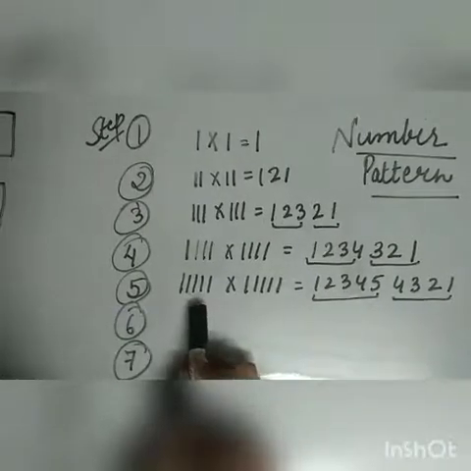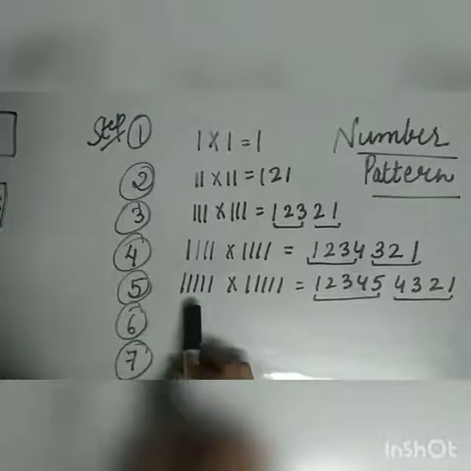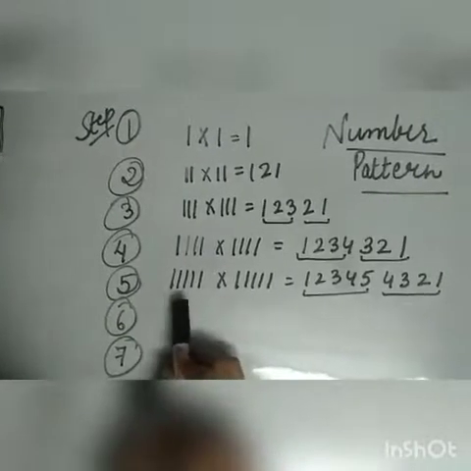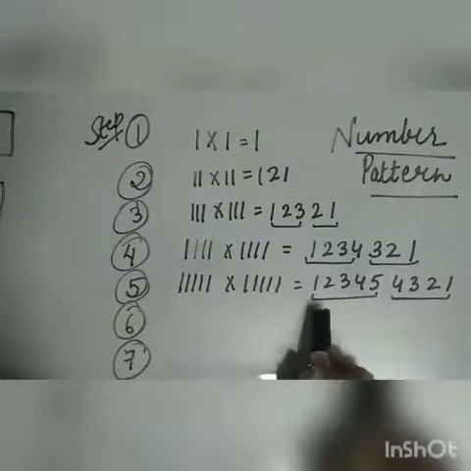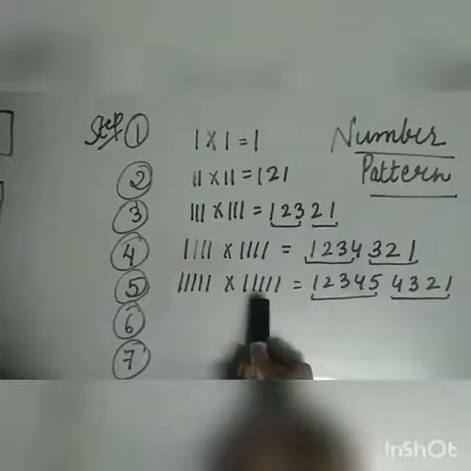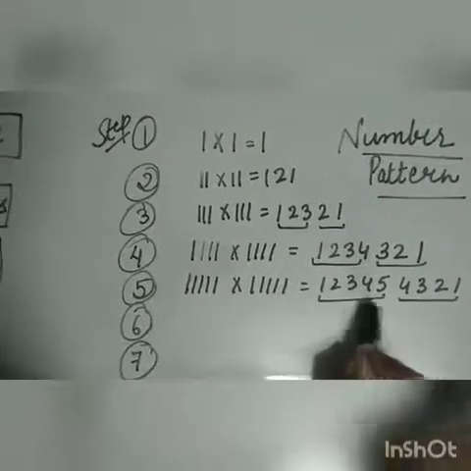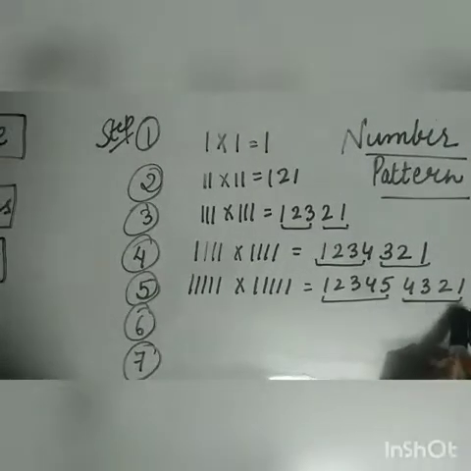At step number 5, 1 is written 5 times, and if we multiply 11,111 with 11,111, we will get 1, 2, 3, 4, 5 and then reverse counting 4, 3, 2, 1.